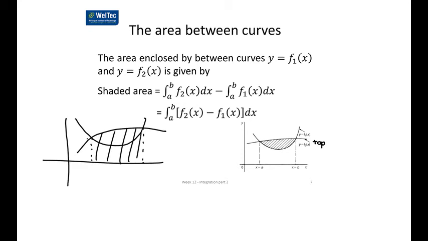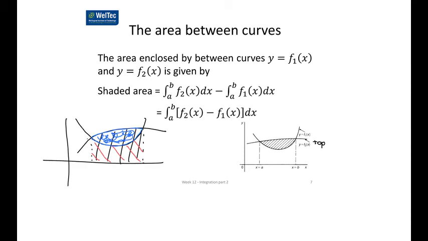And then if we find the area underneath the bottom curve, it's going to give us that. And then what we've got left is the area between the curves. So it's the blue shaded area that we want.